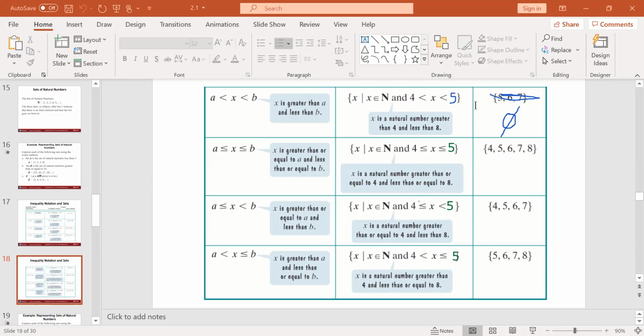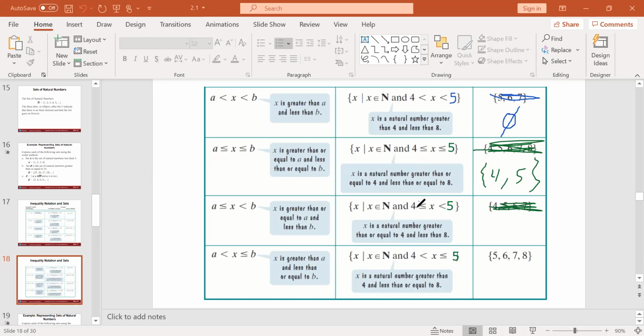Earlier, it was the empty set because I was not allowed to include 4 or 5 themselves, but here I can. So suddenly, that becomes this set, and it's allowed. Suddenly it becomes the set containing both 4 and 5.